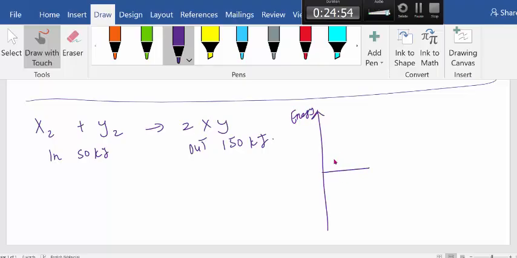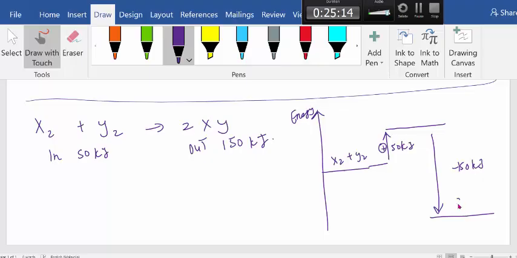First you have the reactant. How much energy in? 50. Going up, so positive. And then energy out, how much? 150. And then here I have my product.